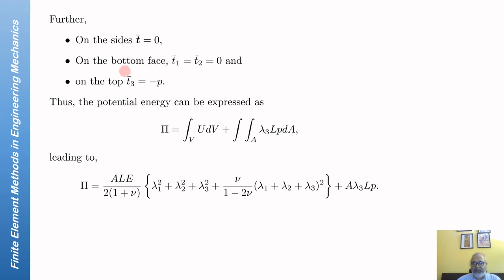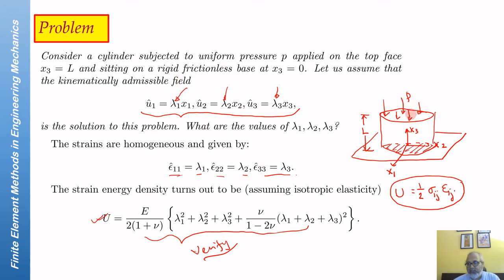The only traction that will lead to a potential is T3 bar, which is acting on the top and is equal to minus P again, because the normal here is 0, 0, 1, and the traction is 0, 0, minus P. T1 and T2 are 0. On the lower surface, T1 and T2 are 0 because it's frictionless.